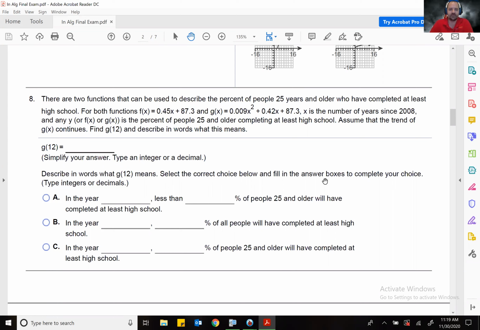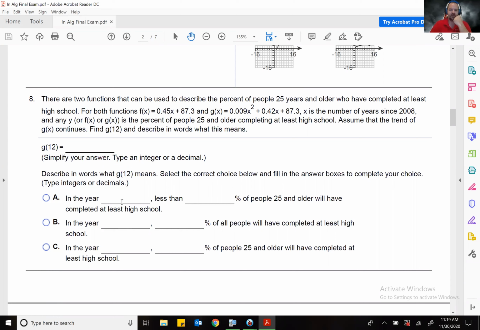What year is it if your X value you told me was 12? What year are we really looking at? 2020. All right. So in one of these blanks, we're going to put 2020.